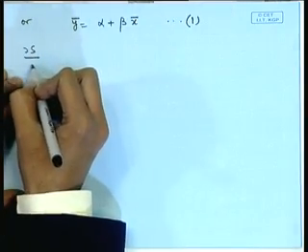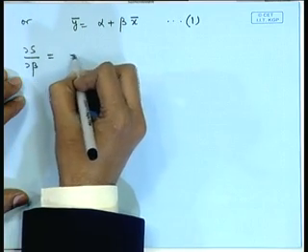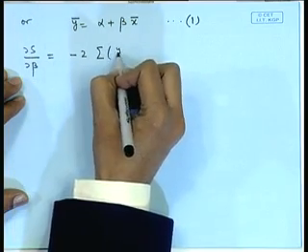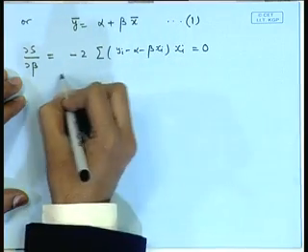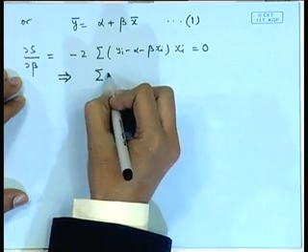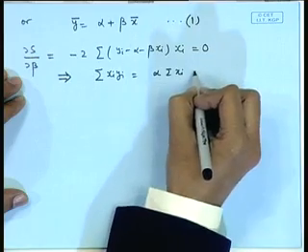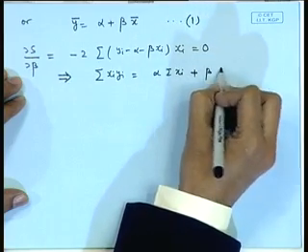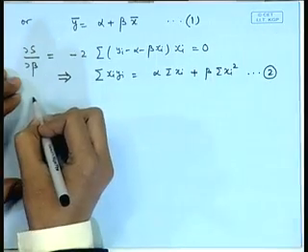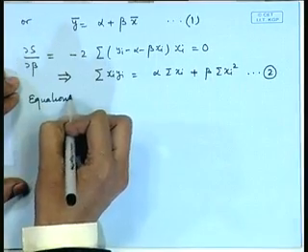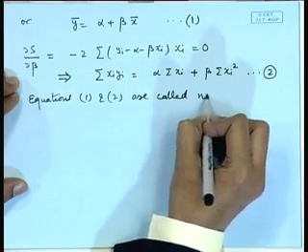The second equation is obtained by del S by del beta equal to 0, that means minus twice sigma yi minus alpha minus beta xi into xi is equal to 0. After simplification, this results in sigma xi yi is equal to alpha sigma xi plus beta sigma xi square. Let me call it equation number 2. So, equations 1 and 2 are called normal equations.